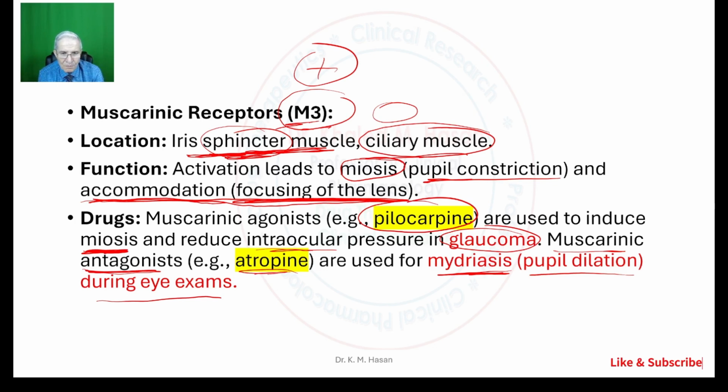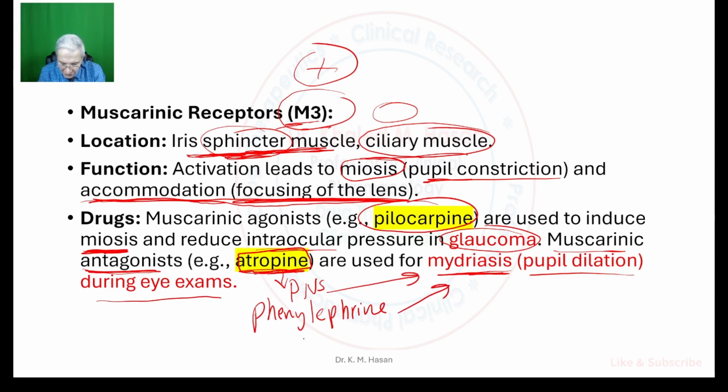We have atropine, belonging to the parasympathetic nervous system, causing mydriasis. This is number one. And we have another one already covered, phenylephrine, which also causes mydriasis, and phenylephrine belongs to the sympathetic nervous system. So we need to remember this process here.